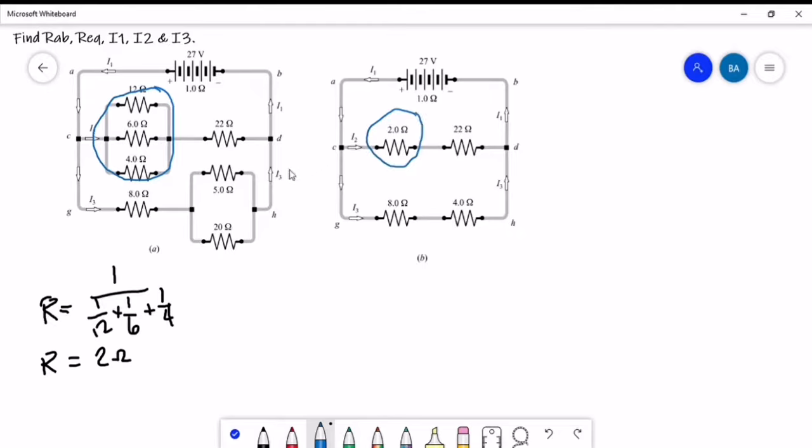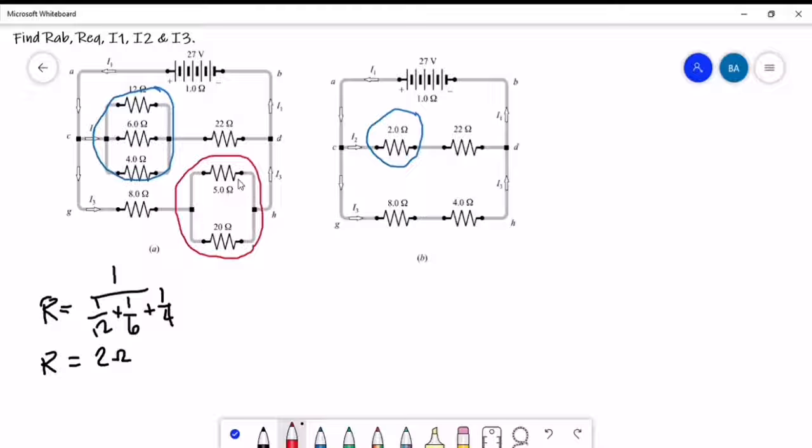Next to solve is the R equivalent, or the total resistance if we combine this circuit. Again, by inspection, we know that 20 ohms and 5 ohms are connected in parallel.